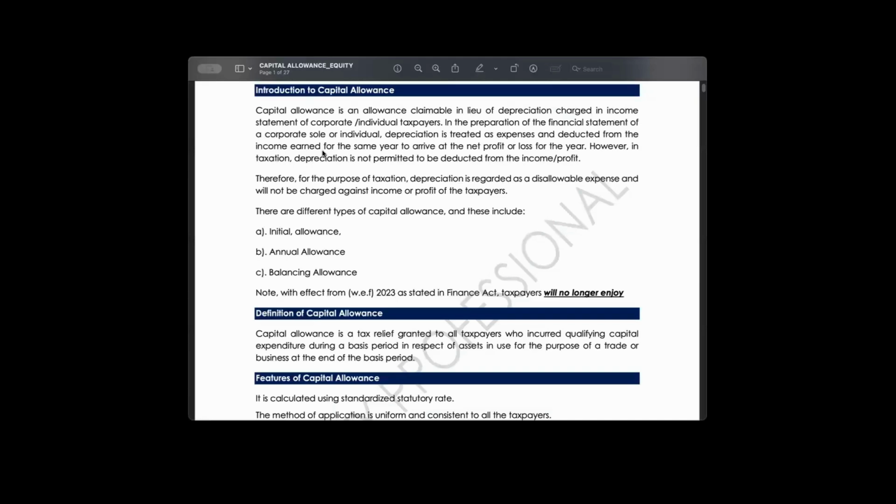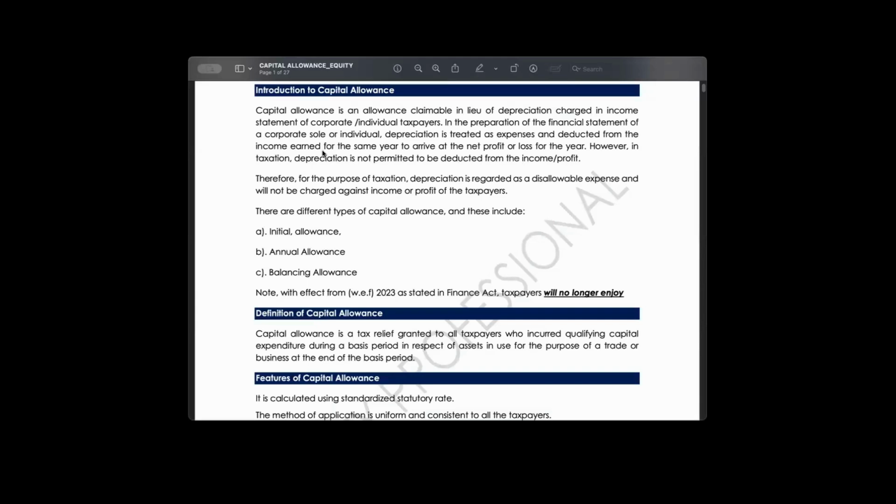Number one, where the taxpayer incurs qualifying capital expenditure on electricity, we say 50% of the qualifying capital expenditure incurred will be granted as relief. Number two, where the taxpayer incurs qualifying capital expenditure on water, we are saying 30% of the amount incurred will be granted as relief.